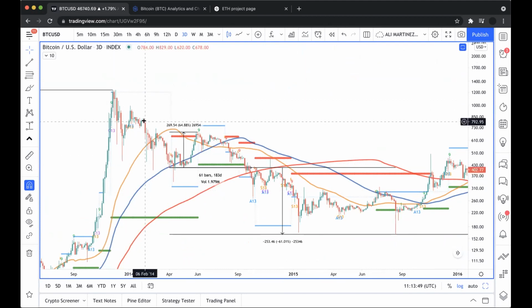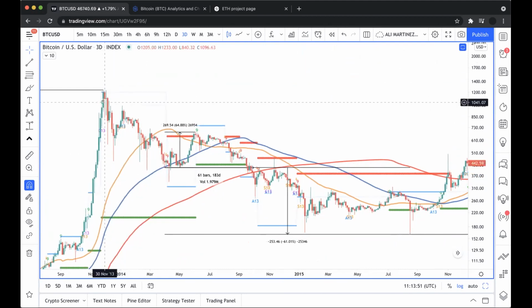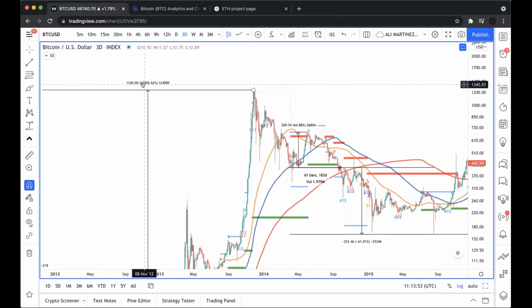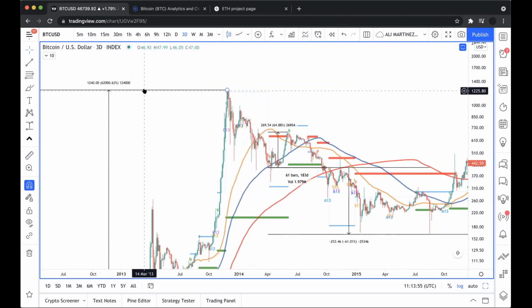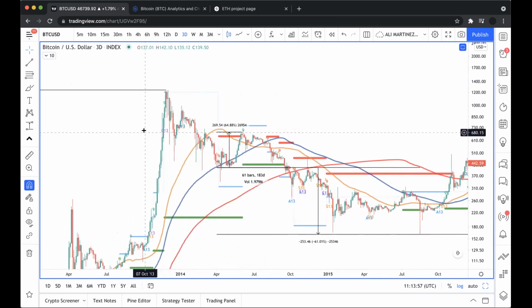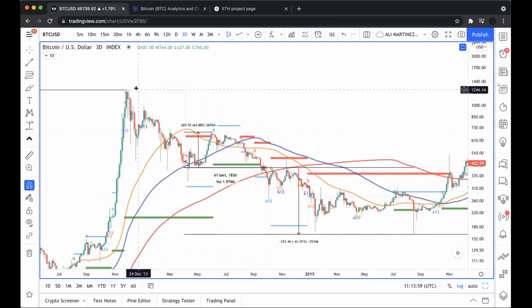So every single time we have a Bitcoin after an exponential rise, I think this was a 62,000 percent bull run, which is crazy. Right after it topped in 2013 at around $1,250, Bitcoin came down to touch the 103-day moving average, right?